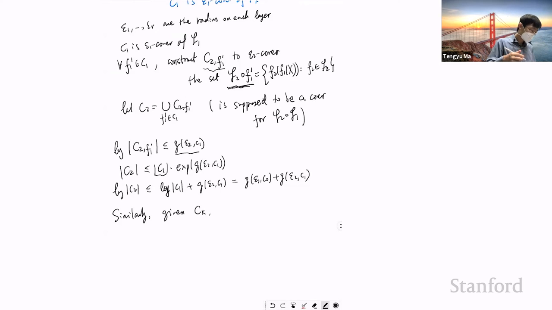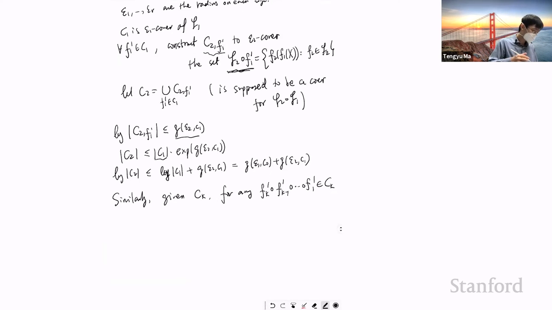For any fk prime composed with fk minus 1 prime, up to f1 prime in Ck, you construct some ck plus 1, which is a function of this fk up to f1 prime, so that epsilon k plus 1 covers the set fk plus 1 composed with fk prime.